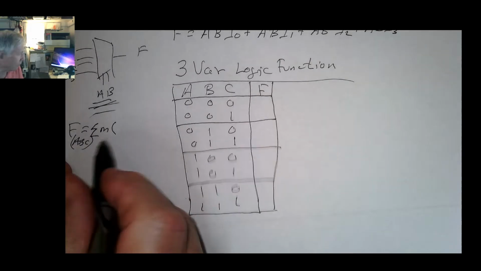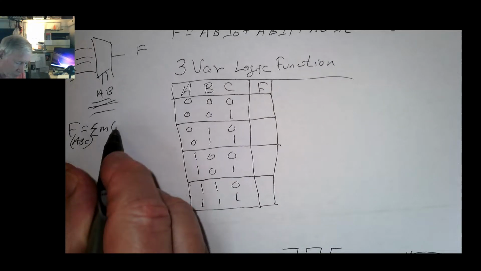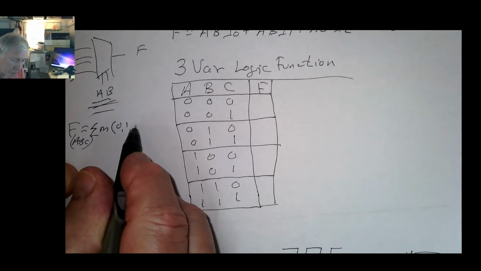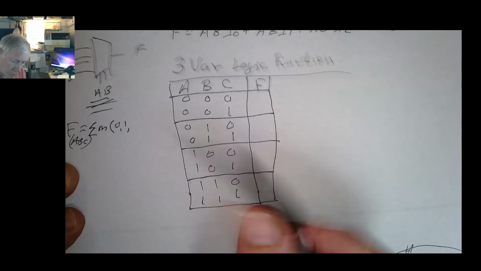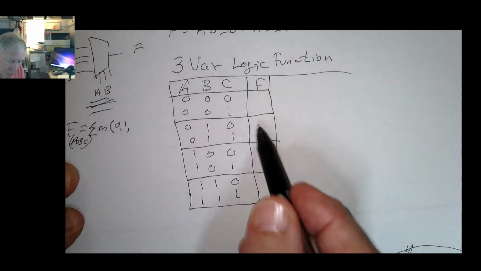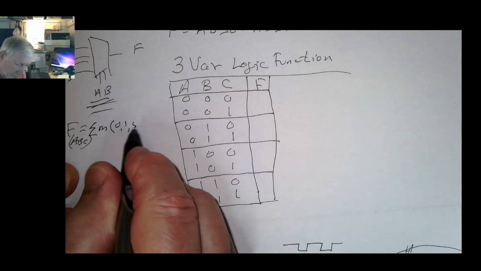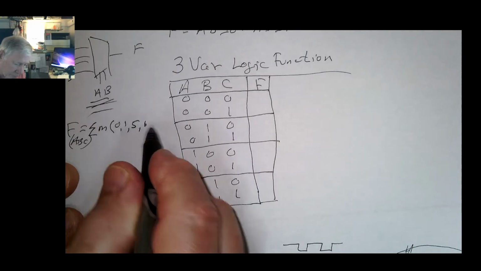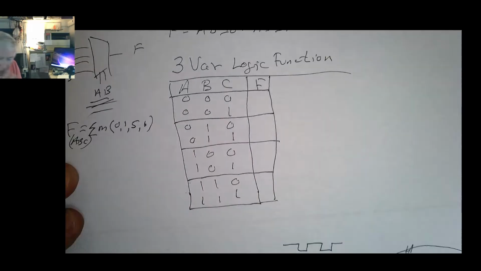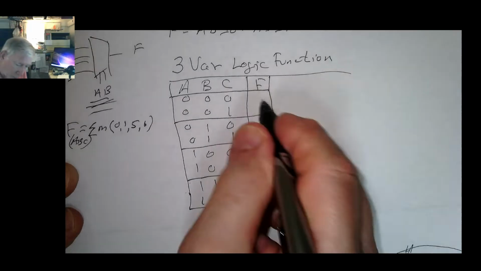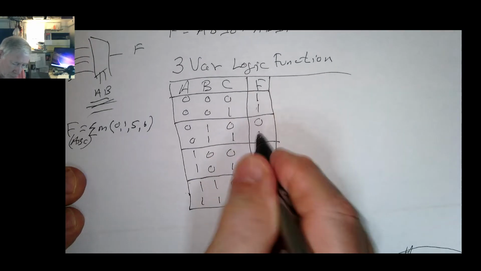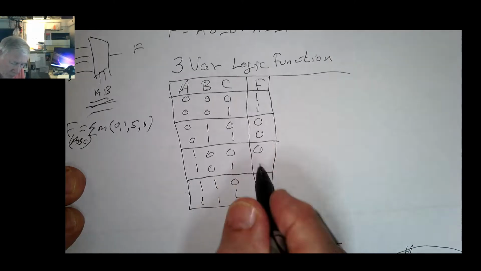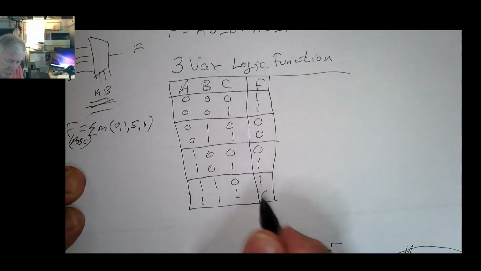So f of a, b, c equals the sum of the minterms 0, 1, we'll skip 2, 3, we'll do 5, and we'll do 6. So 0, 1, 5, 6. All right. So let's write those in. So a 1 for 0, a 1 for 1, 0s for 2 and 3, a 0 for 4, and a 1 for 5, a 1 for 6, and a 0 for 7.